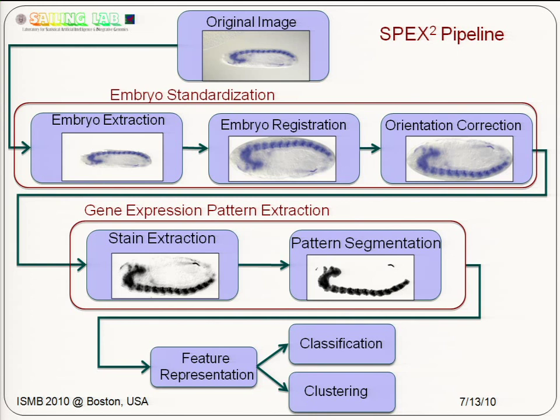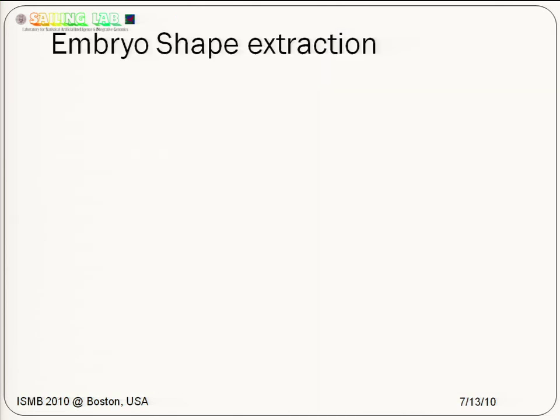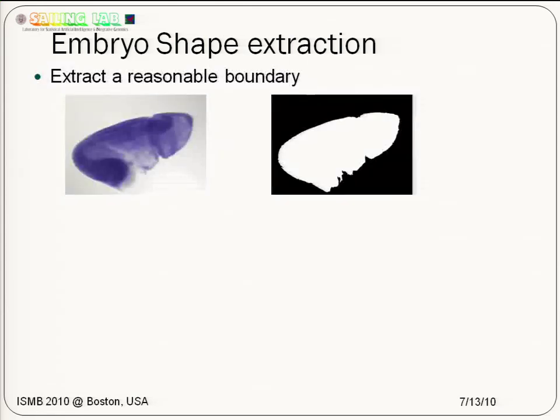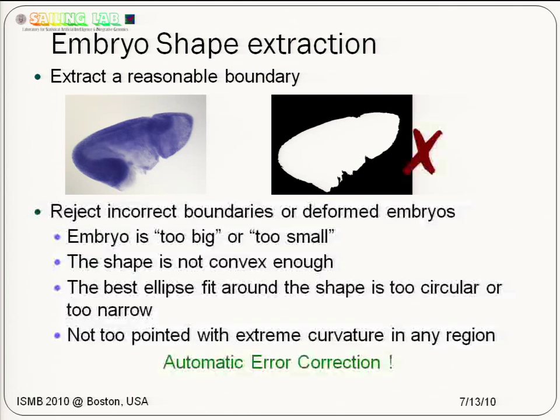Next, we use standard feature representation. And for quickly in our pipeline, in embryo shape extraction, we first extract the boundary of the embryo.